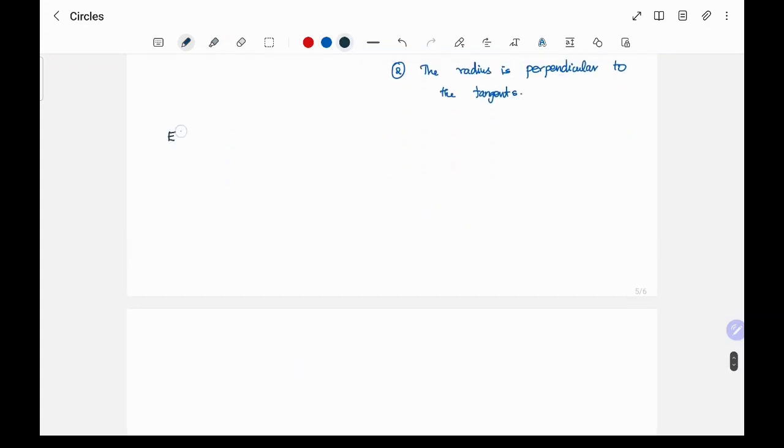Next we have, finally, the ellipse. An ellipse is nothing but an oval shape, and it has no edges. It is similar to a circle, only that it is elongated on one of its sides more than the other.